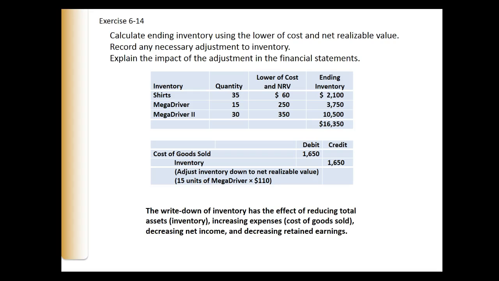So we need to write down those 15 units at 110, or debit our cost of goods sold 1,650, credit our inventory for 1,650. So writing down the inventory has the effect of reducing total assets, increasing expenses, which ultimately decreases our net income and decreases our retained earnings.